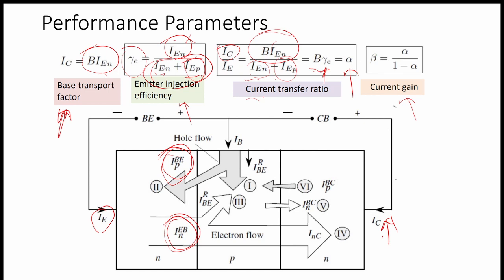Current gain, beta, is given by the collector current IC divided by IB, the base current. The base current is the combination of the recombination current plus the base emitter junction current, that is, holes flowing. So from here this can be alpha divided by 1 minus alpha.